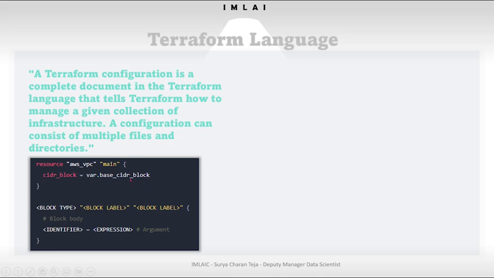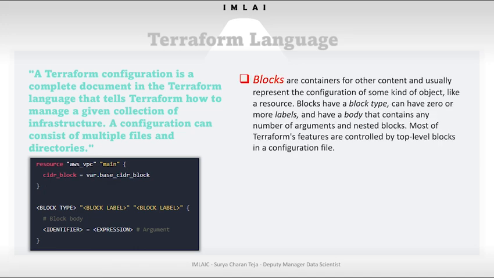Inside the block body you have an argument, where the identifier is cidr_block, and then this is your expression, and then the block is closed. Blocks are containers for other content, and usually represent the configuration of some kind of object, like a resource.